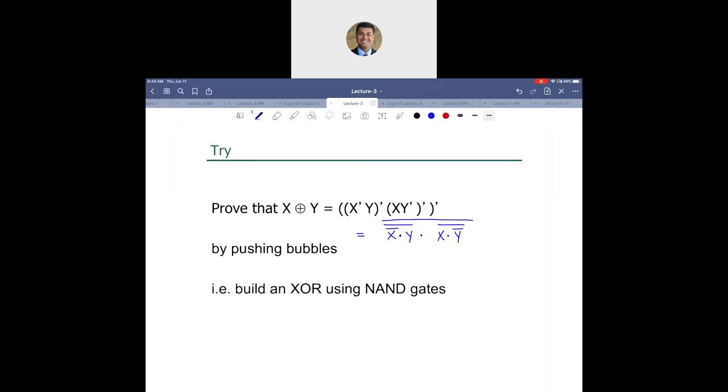So you're essentially trying to prove that exclusive OR operation is the same as all of that. You can prove this using Boolean algebra, using De Morgan's law very quickly. But we can also prove this by pushing bubbles through, and we'll take a look at that in just a bit.